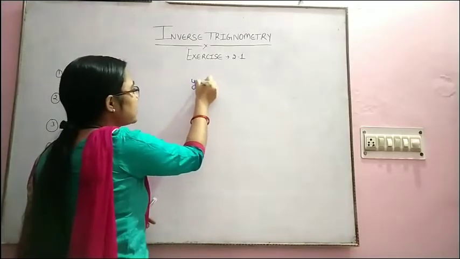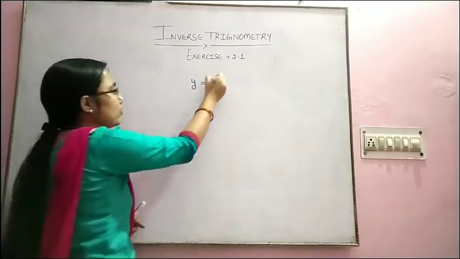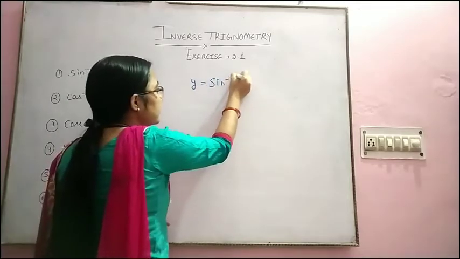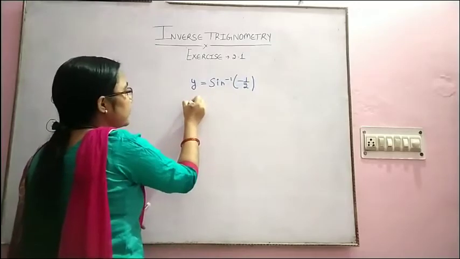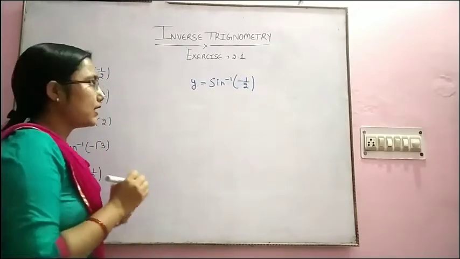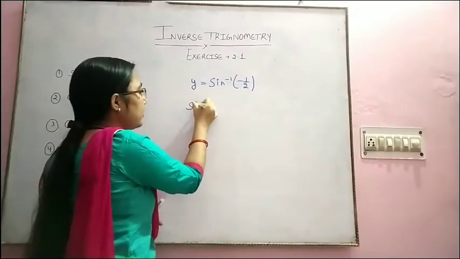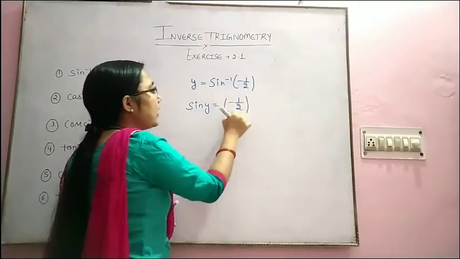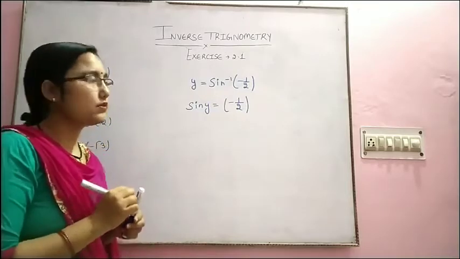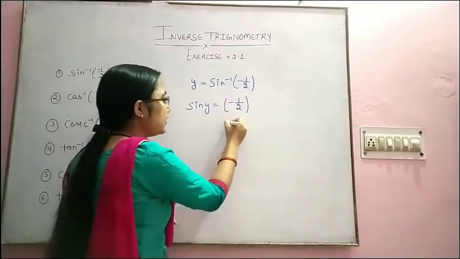First step, let y equal sine inverse minus half. If we operate on both sides by sine, we get sine y equals minus half. And half, in terms of sine value, is sine pi by 6.